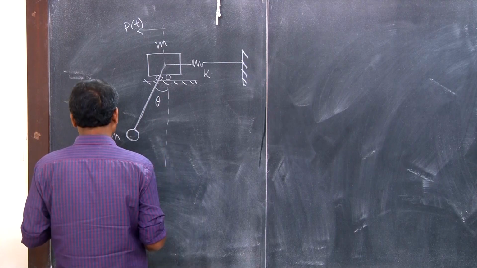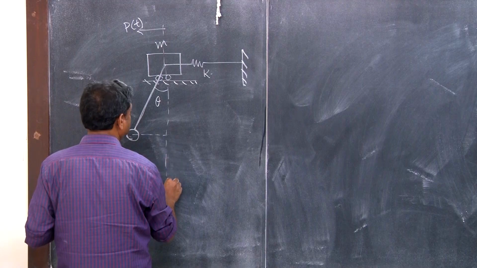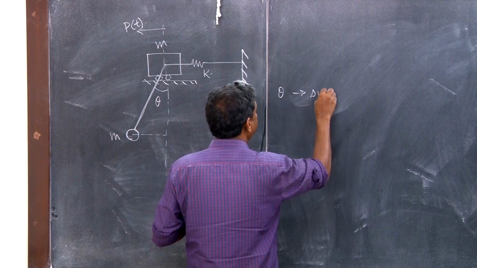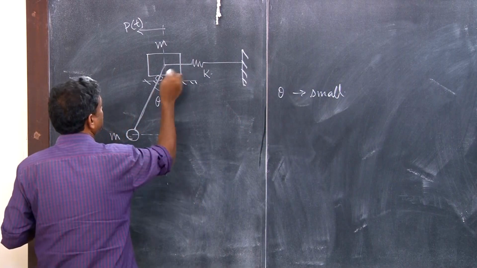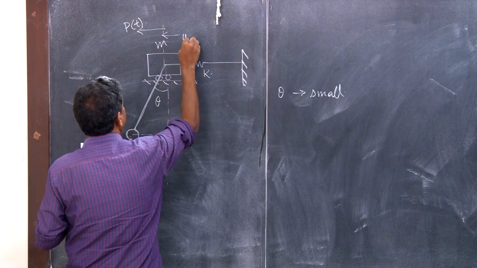Okay, and if this angle is theta, then you can understand that for small theta, and we still assume theta to be small, u is also small. From the equilibrium configuration, it has this deformation u(t).